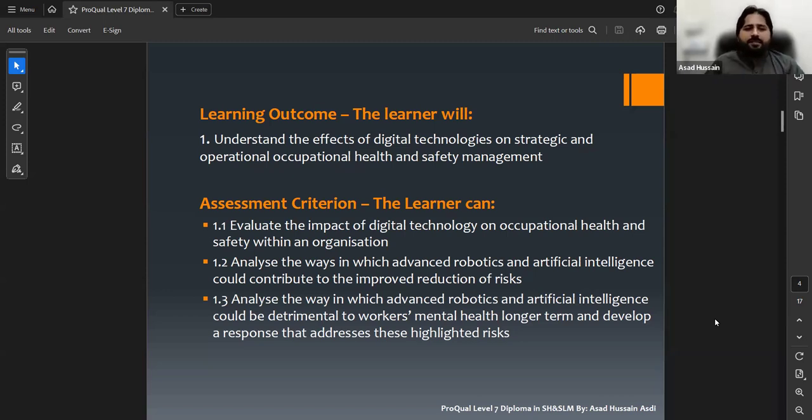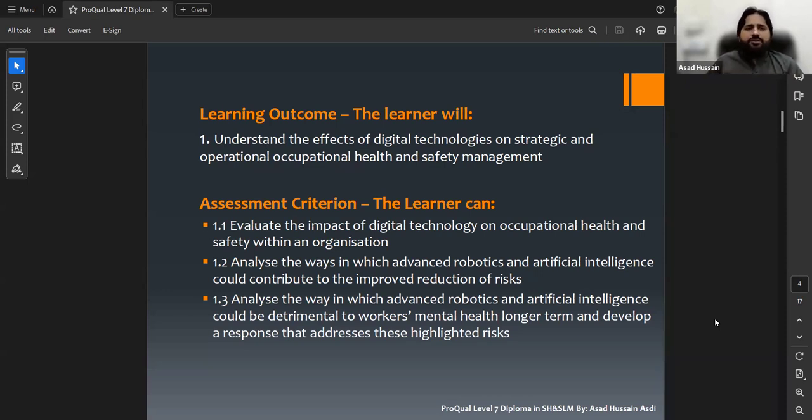So the first assessment criteria, 1.1, is evaluate the impact of digital technology on occupational health and safety within an organization. In this assessment criteria, a learner should be evaluating how digital technology is affecting occupational health and safety within an organization.